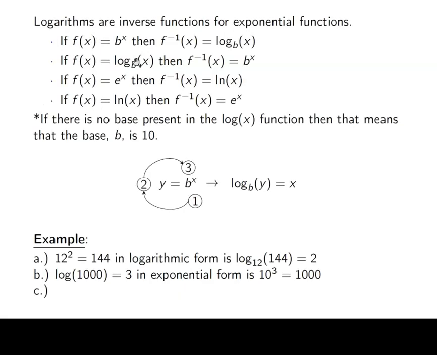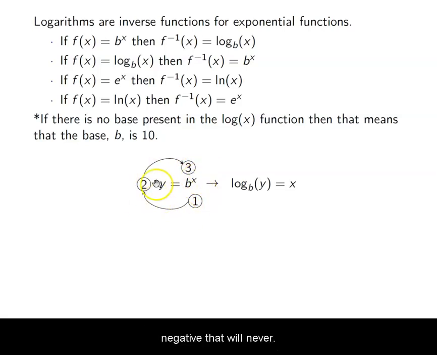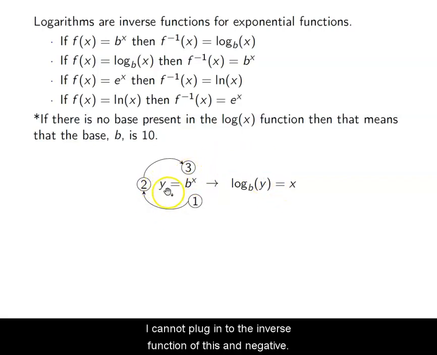Let's go back up here. For an exponential function, there's no way for me to plug in any value here to make this entire output value negative. That will never work. So since I can never get out a negative value, I cannot plug a negative value into the inverse function of this.